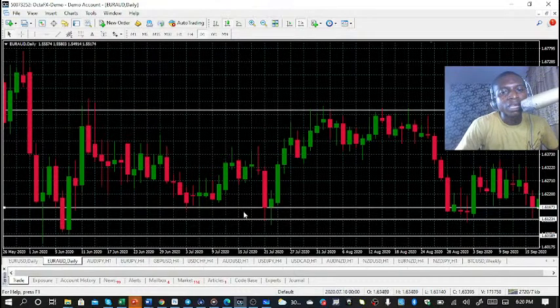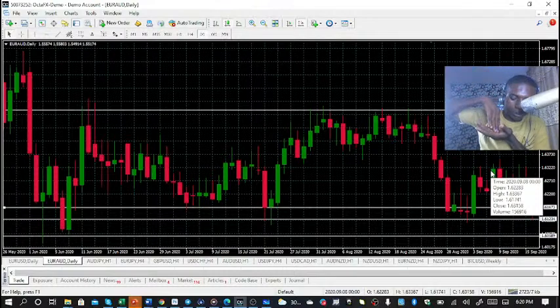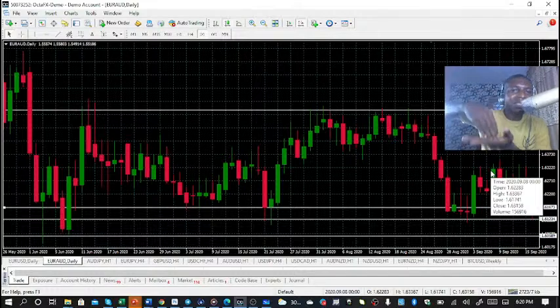It was pushed up. It came down to that same level. It was pushed up. Came down to that same level. It was pushed up. That shows that price is trying to break down a particular level, but price was rejected upward. So that's support.